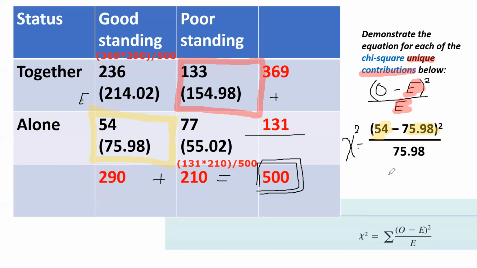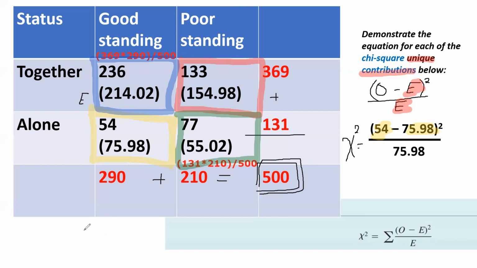Now, when I ask you for the total chi-square, that's when you would get the unique contribution from all of these cells, add them up, and that will be the equation. Ooh, hold on.